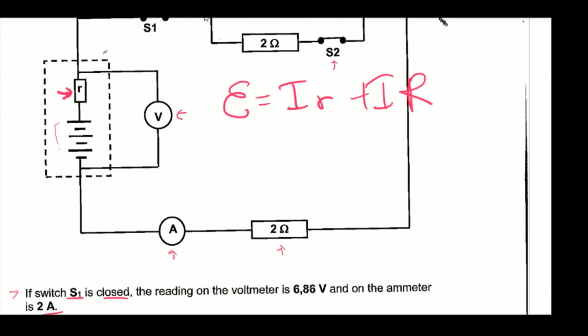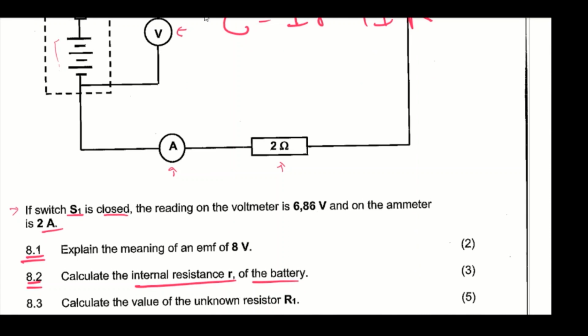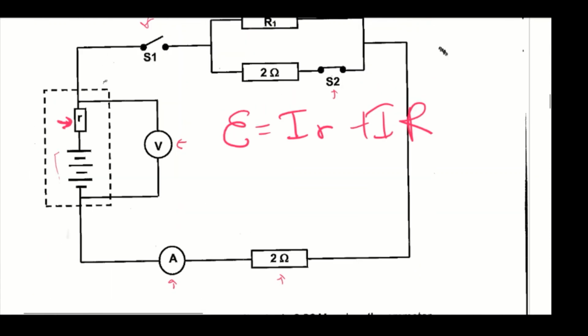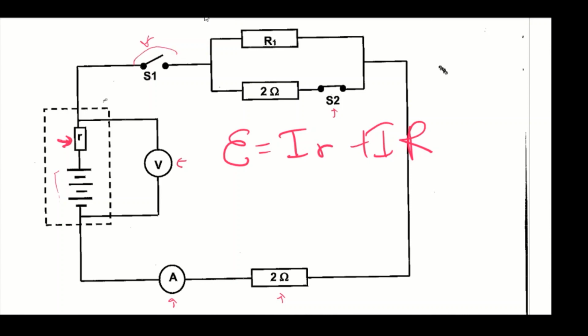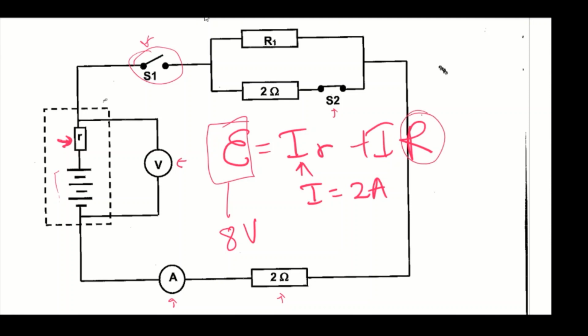So remember that we were told that S1 is closed, meaning this switch here that is open is closed. So we're just gonna need the current, which we're given to be 2 amperes, right? And we know that E equals 8 volts, right? And this big R here is the total resistance, right? So you're just gonna convert it into V over I, right?